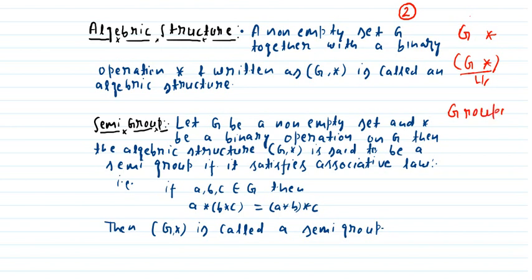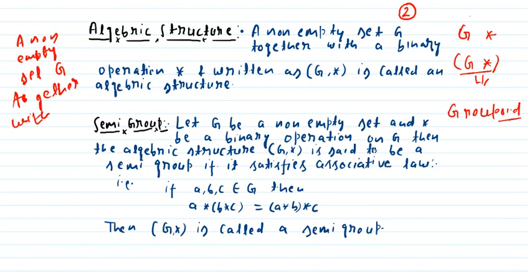Or in other words, we can say that a non-empty set G together with a binary operation star, and written as G star in a bracket, is called an algebraic structure.